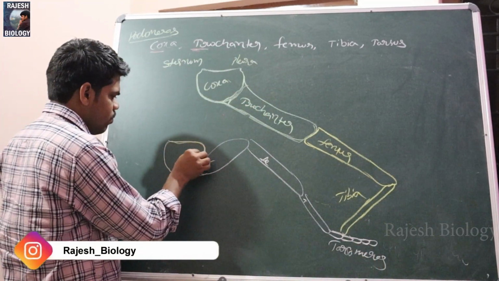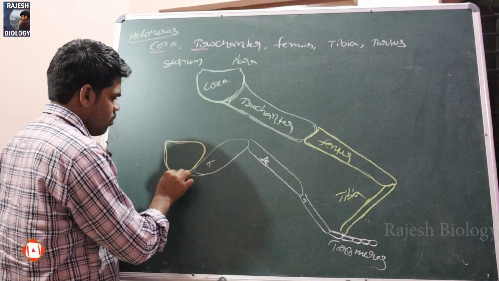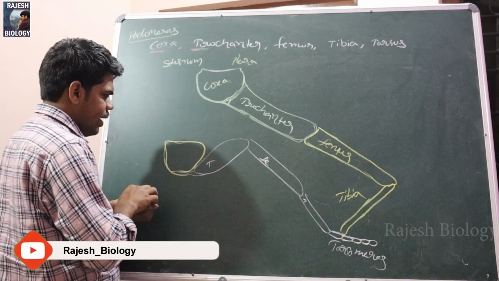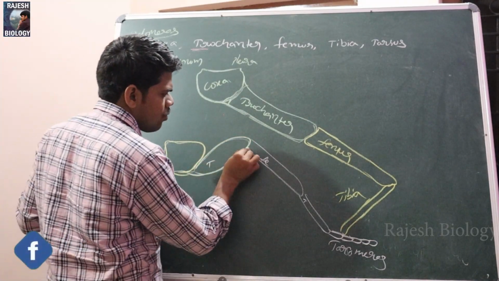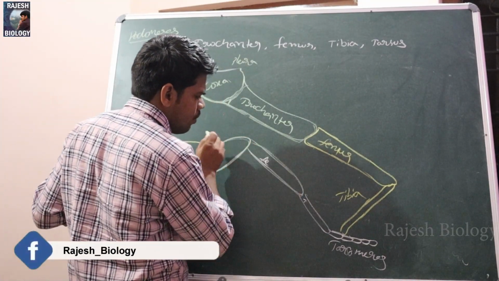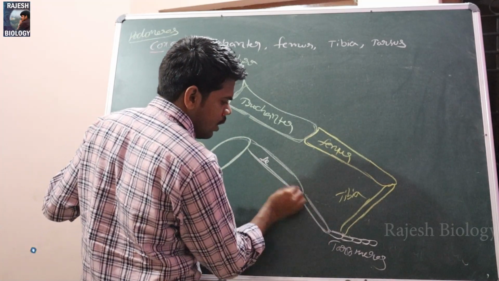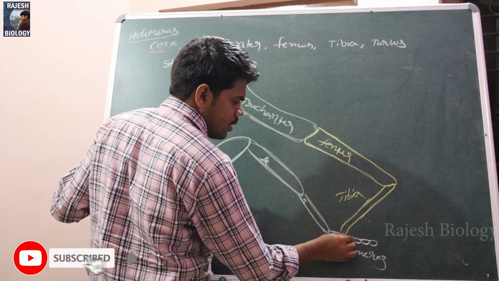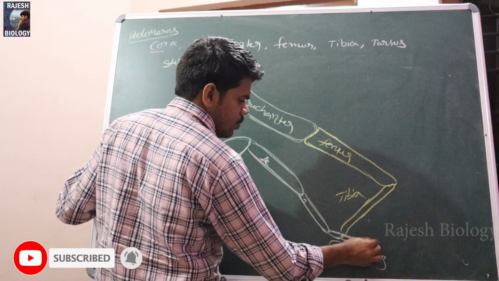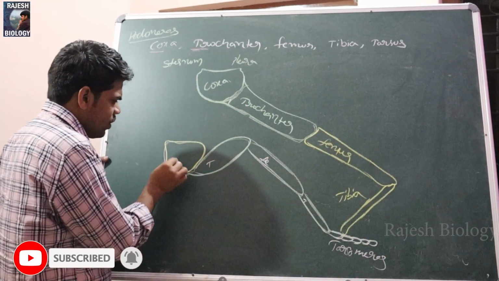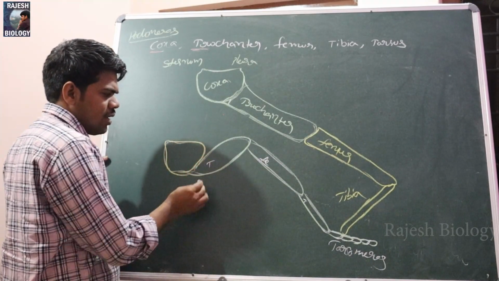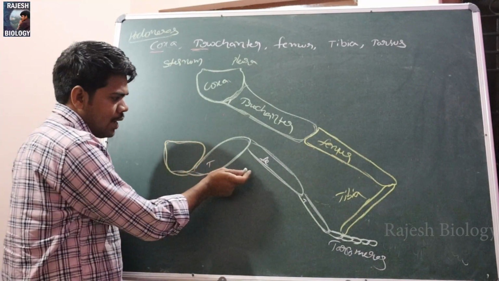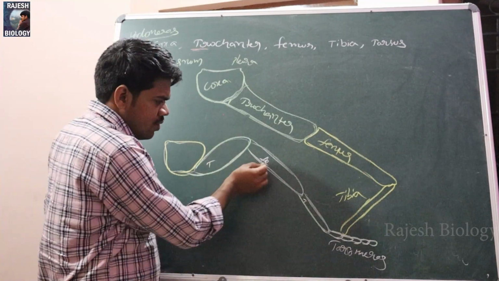Coxa and trochanter, femur, tibia, tarsus. Okay, first coxa, it is attached with the sternum and pleura. Trochanter is freely attached with this coxa and this femur.